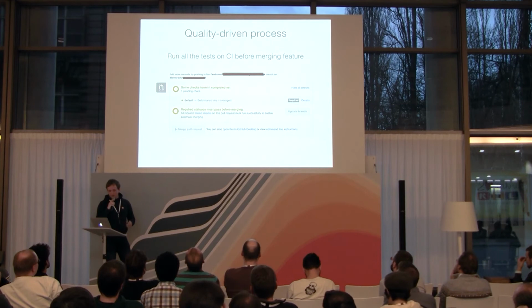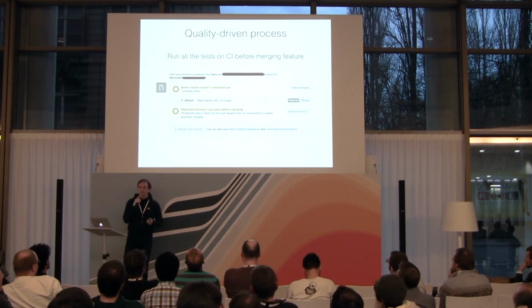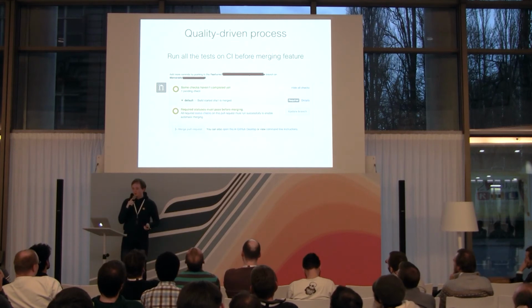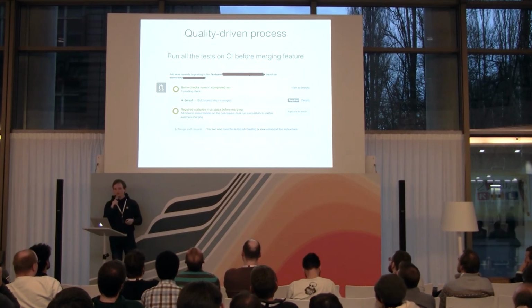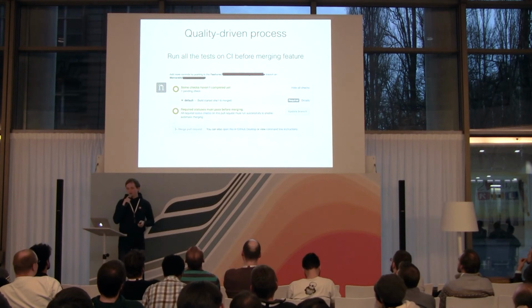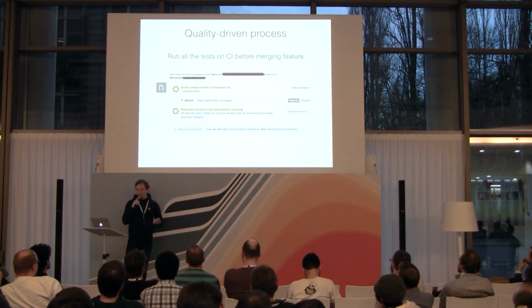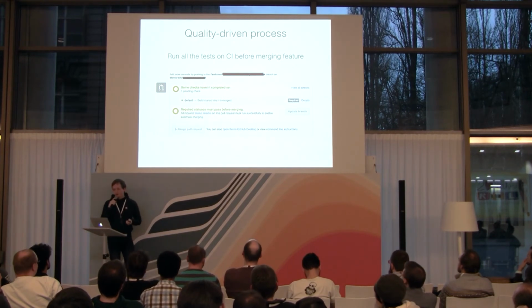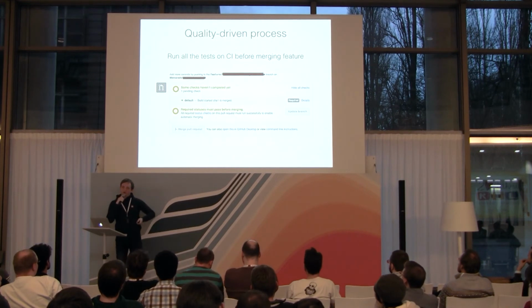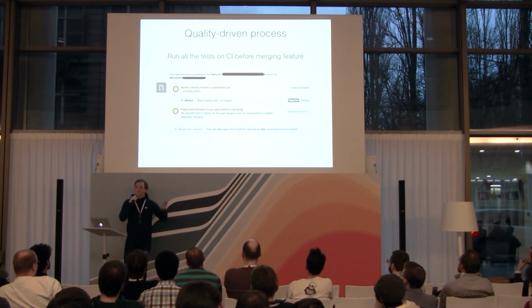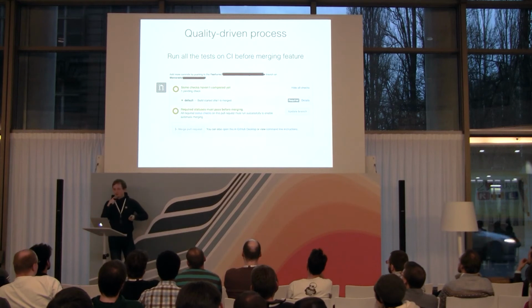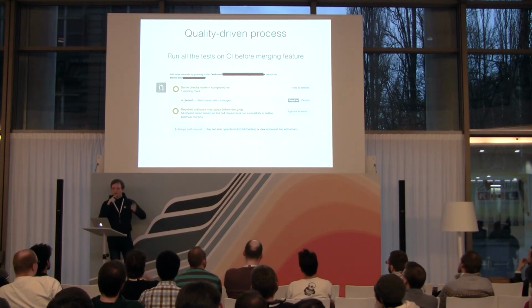Yeah. So a little bit about what happens after we wrote the tests. We use GitHub and we use Jenkins for continuous integration. And what we want to achieve is that we don't merge features into master unless we know it's building and the tests run.